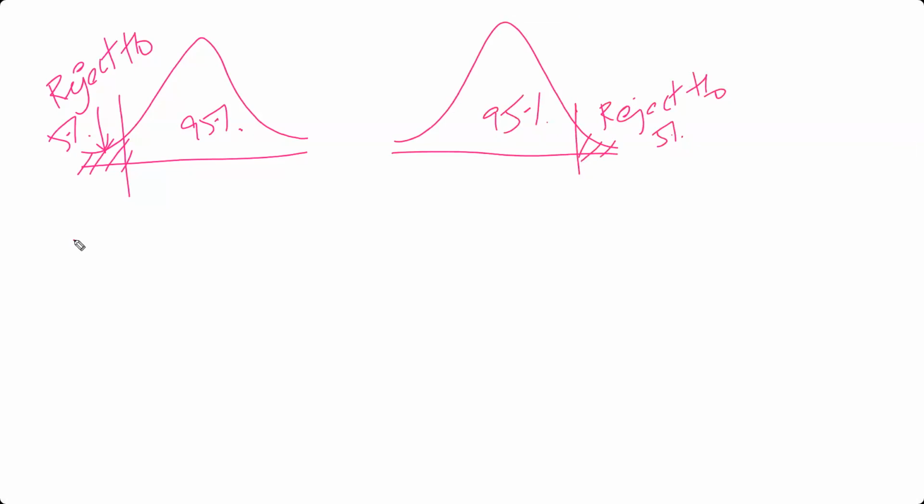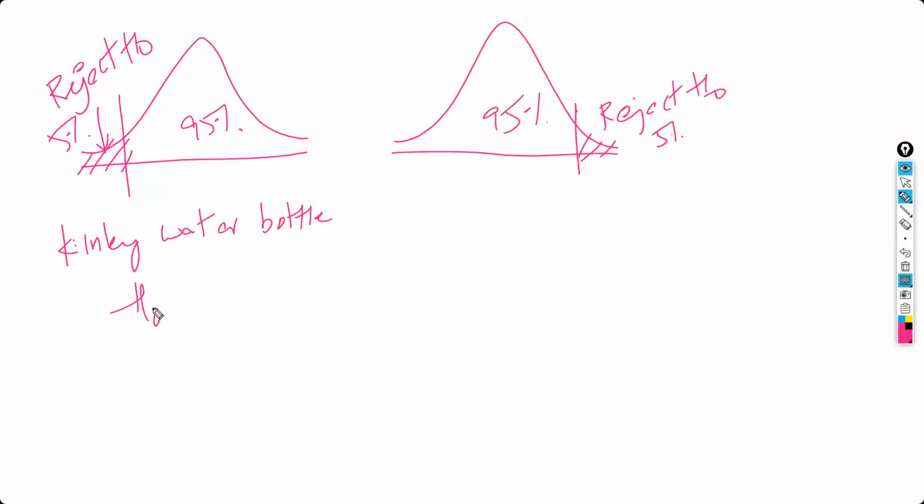In the Kinley water bottle example, the null hypothesis is mu greater than or equal to 1000 ml, and the alternate hypothesis is mu less than 1000 ml. We reject the null hypothesis when the value is less than 1000 ml.